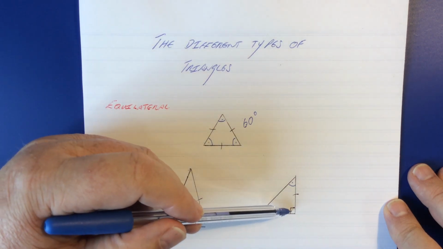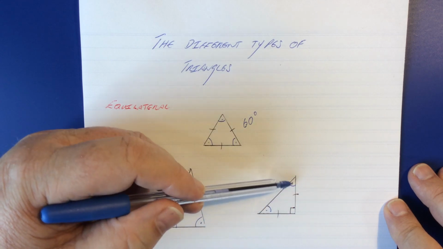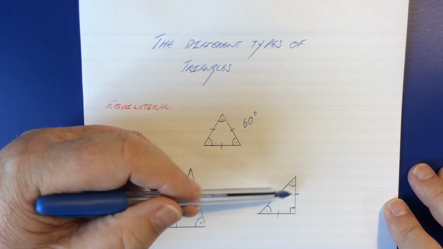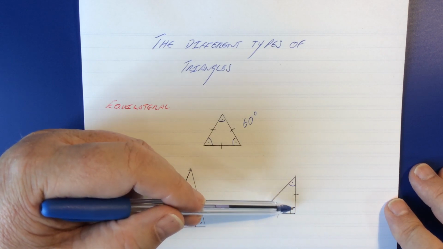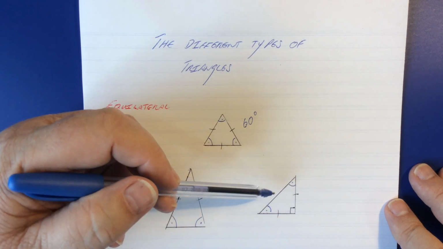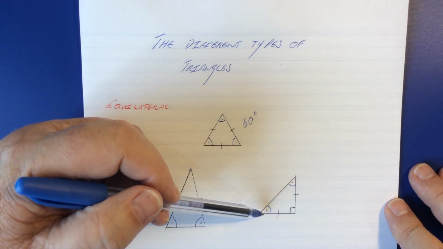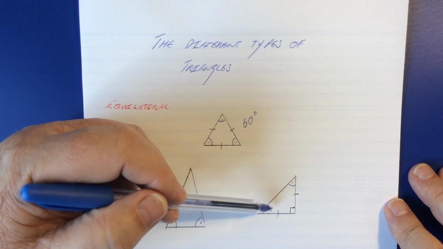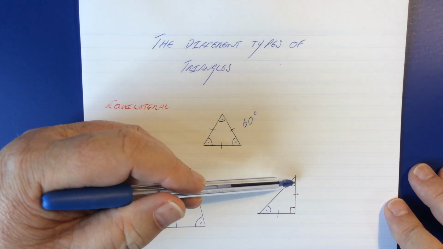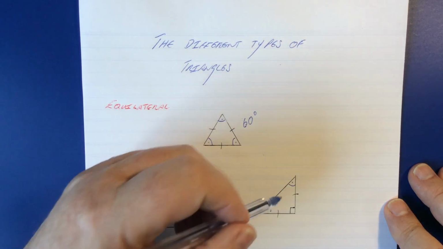So if you happen to know what this angle is, it's easy enough to work out these two. Now we know this angle in this case is 90 degrees. We know that the angles on the inside of a triangle must add up to 180 degrees. So that leaves us 90 degrees that we have to split evenly between these 2 points, these 2 angles here.